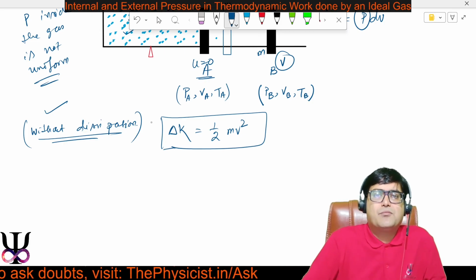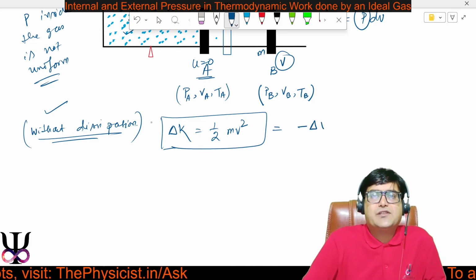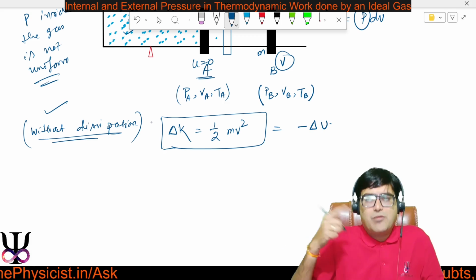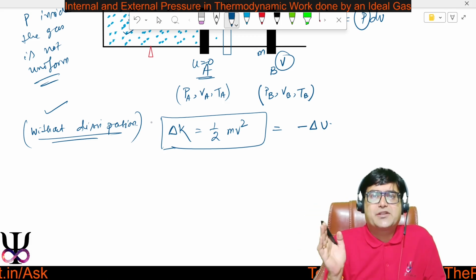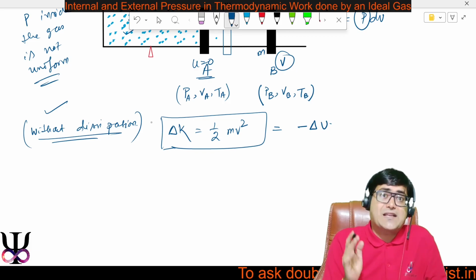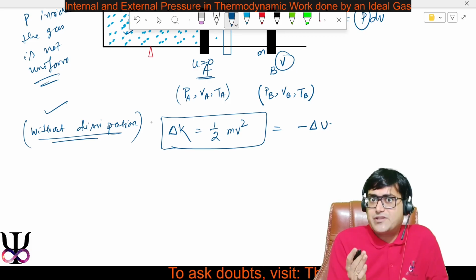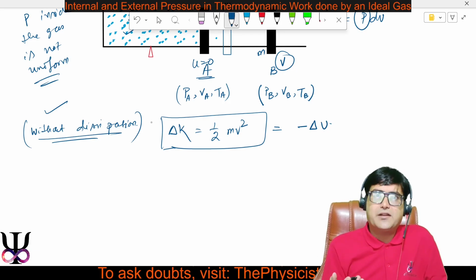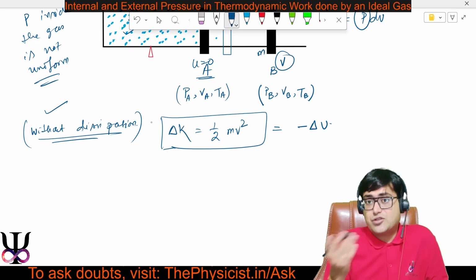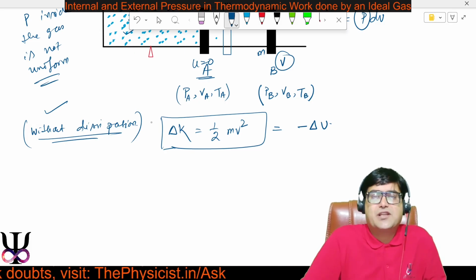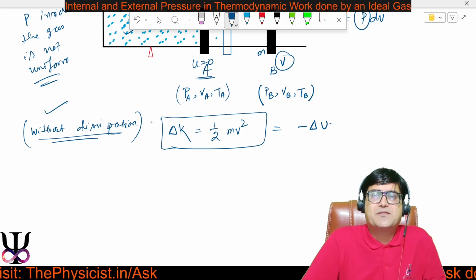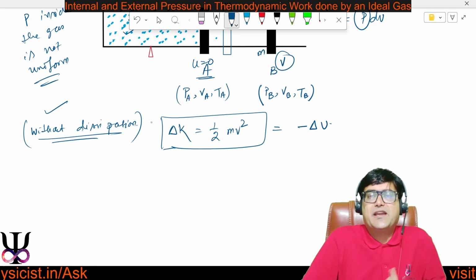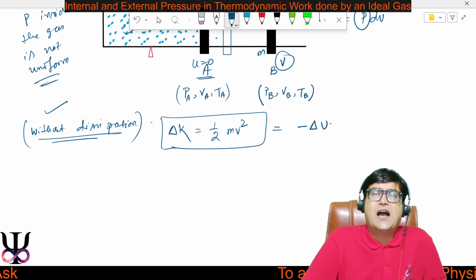It comes from the negative of the change of the internal energy. That means some of the internal energy has decreased. The gas has already lost some of its internal energy, and that loss of internal energy has appeared as change in kinetic energy. The negative sign simply indicates that while the kinetic energy has increased, the internal energy has dropped.